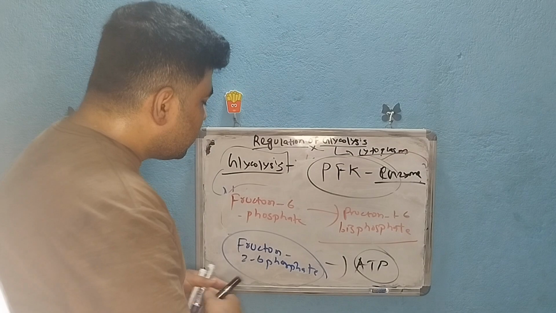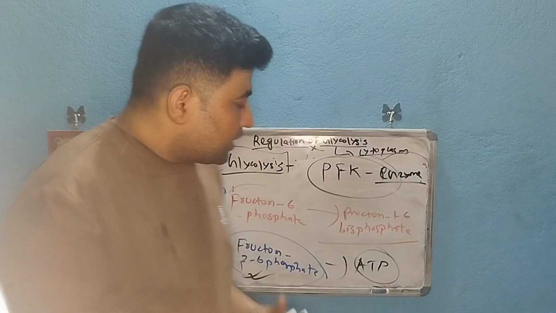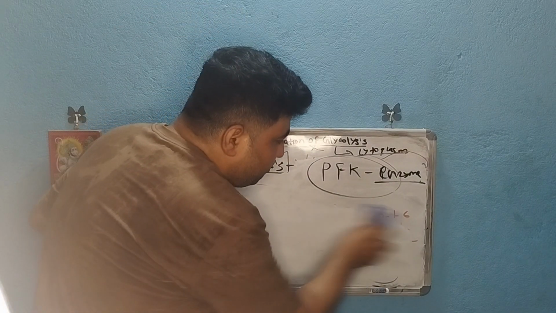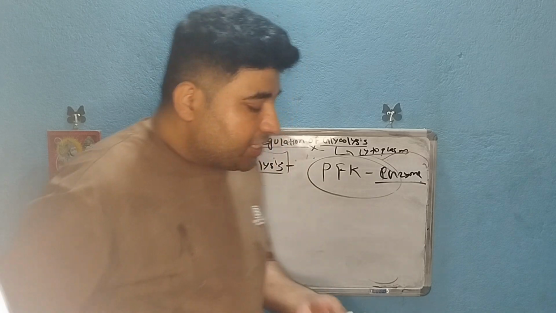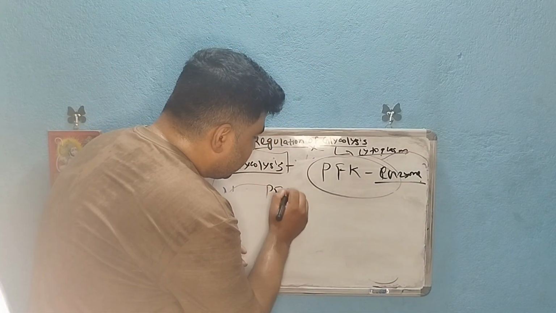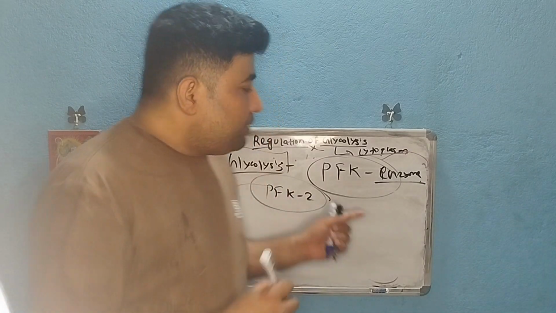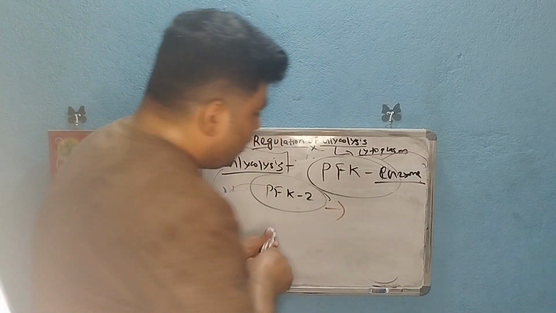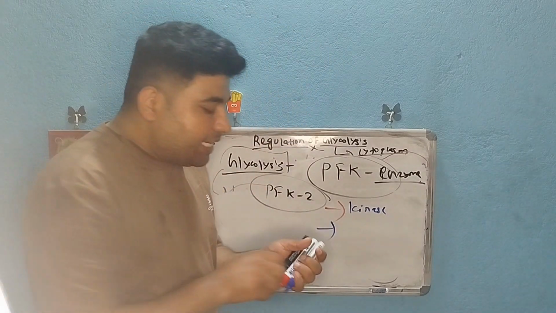Now I'll be talking about where this compound is formed. The PFK enzyme has another isoform, PFK2. This PFK2 enzyme has a dual activity: it has a kinase activity as well as a phosphatase activity.